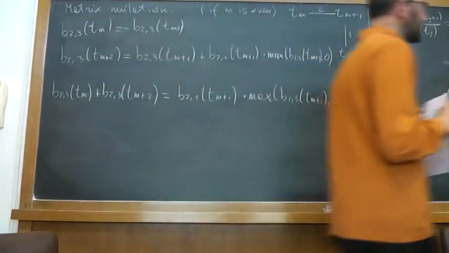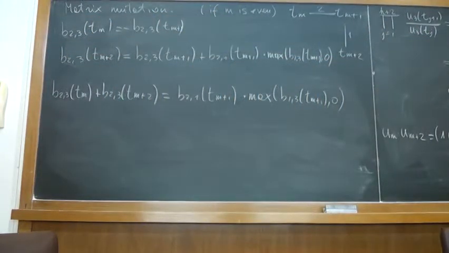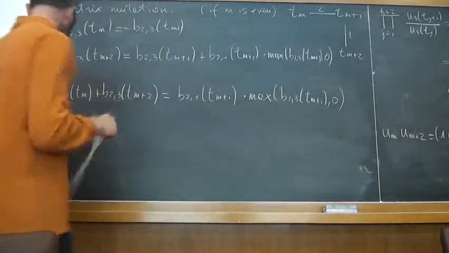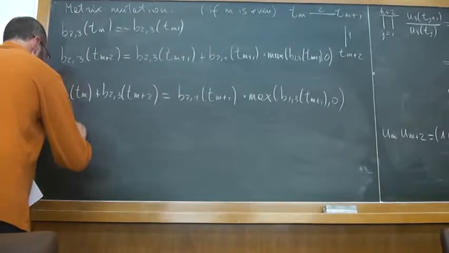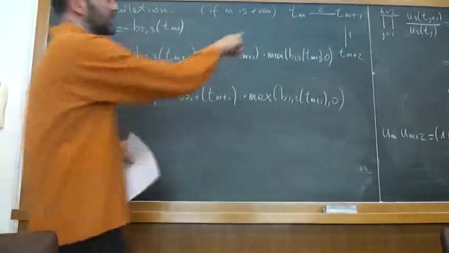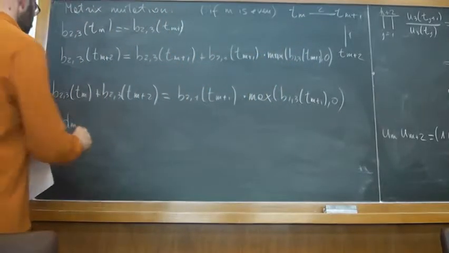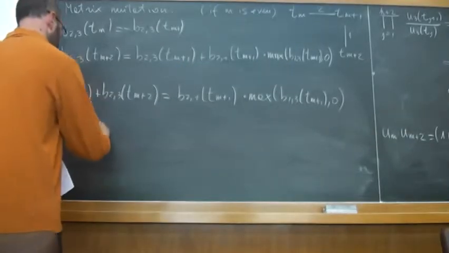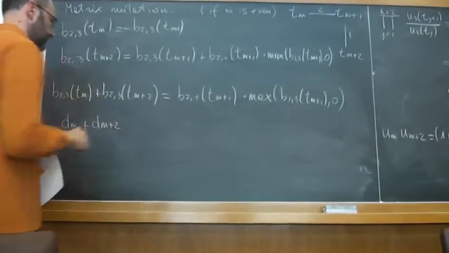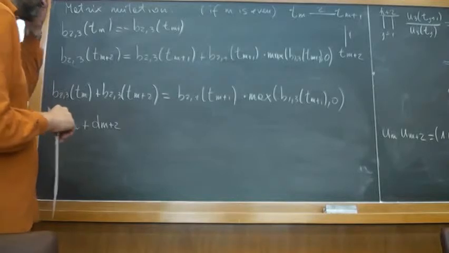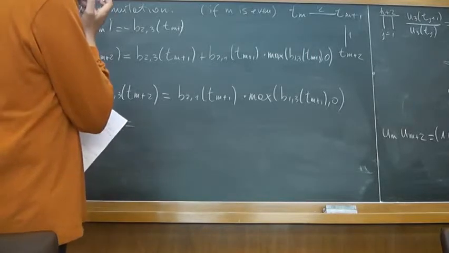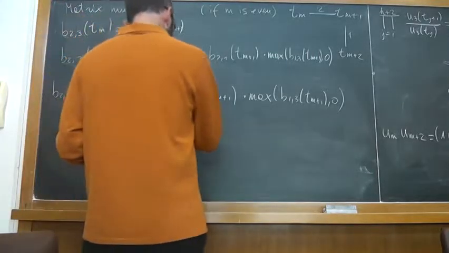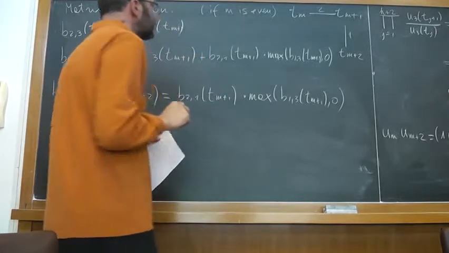Now we look at the definition of Dm. So B23 of Tm is Dm. We are in the case where n is even. Plus this is Tn plus 2. So here, B21 of Tn plus 1, what is this?